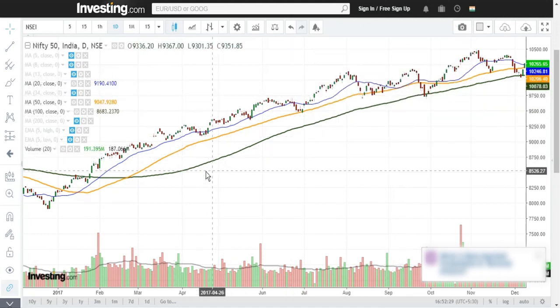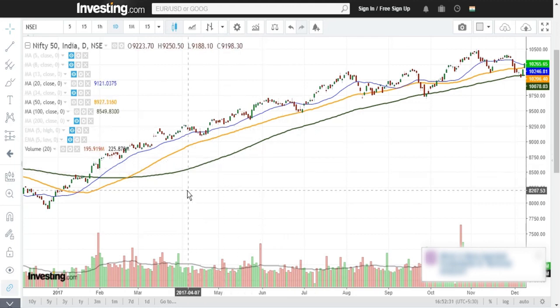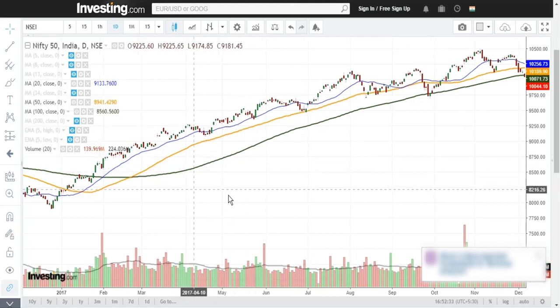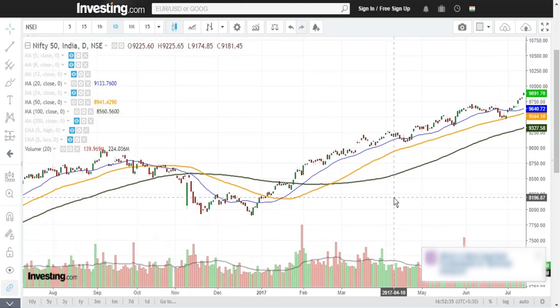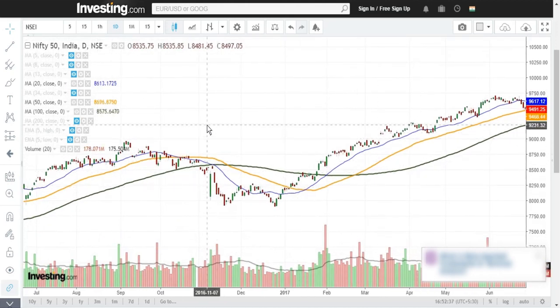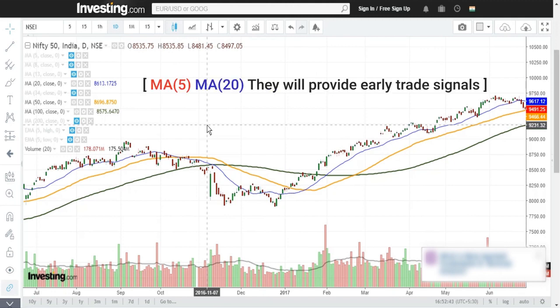So all these positive crossovers when the uptrend is going on are well tradable opportunities, and in the downward direction the opposite. Now one thing you should understand, as the 5-20 kind of moving averages are more sensitive, they will happen relatively more frequently, and they will provide early entry points.